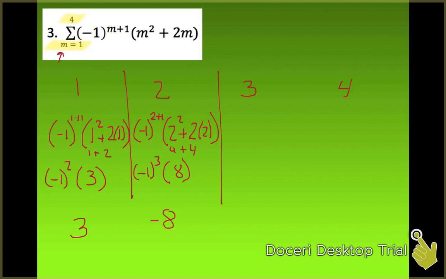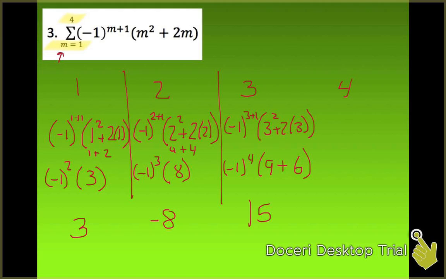For 3, doing the same thing, we have negative 1 to the 3 plus 1 times 3 squared plus 2 times 3. So negative 1 to the fourth power times 9 plus 2 times 3 is 6. So this is going to be negative 1 to the fourth is a positive 1 times 15, which is just 15.